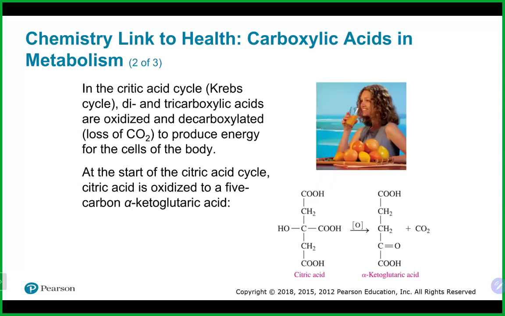And in the citric acid cycle, or the Krebs cycle, we have a lot of these carboxylic acids. Again, this is a very common way that carboxylic acids are written in formulas. So if you see that COOH, that is definitely the carboxylic acid functional group. And that is what it looks like when it is drawn out.